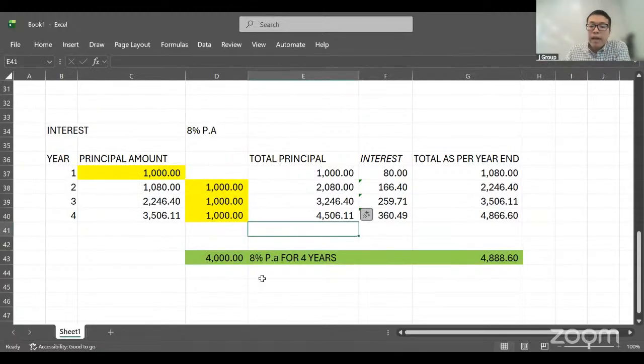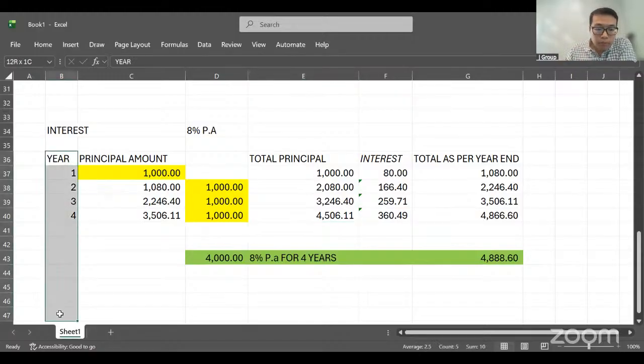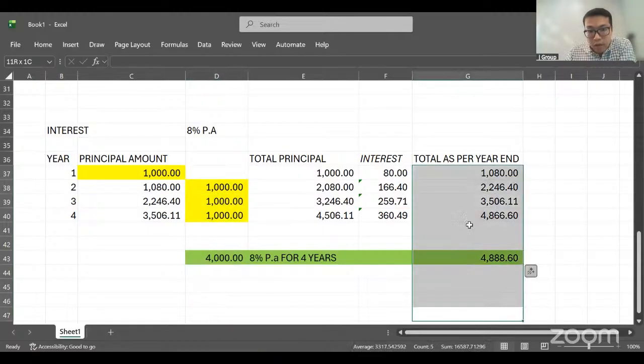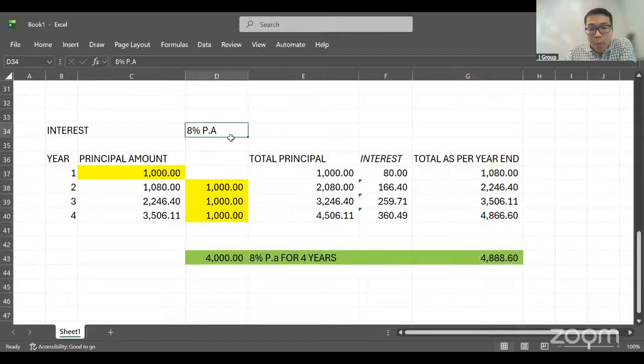So in a real life scenario, we always need to take into consideration how long our investment is, how much amount we have put in, what is the amount that we have gotten at the end of the day, and of course, what is the rate of return. These are the four items that we need to take note of. Let me repeat.